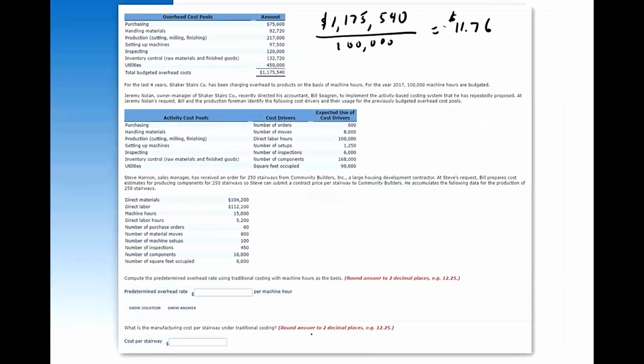The next part of this problem asks us what is the manufacturing cost per stairway under traditional costing.